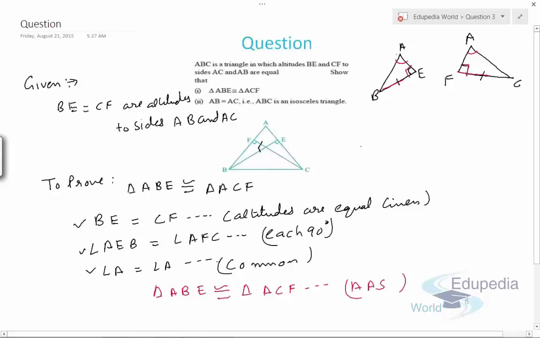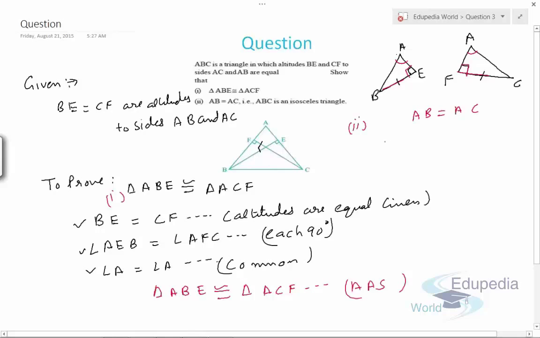Now, second part is we need to prove that AB equals to AC. So this was the first part and this is the second part. If we prove AB equals to AC, that automatically proves that ABC is an isosceles triangle. So let's see how we can prove it. We have two triangles ABE and ACF that are congruent.